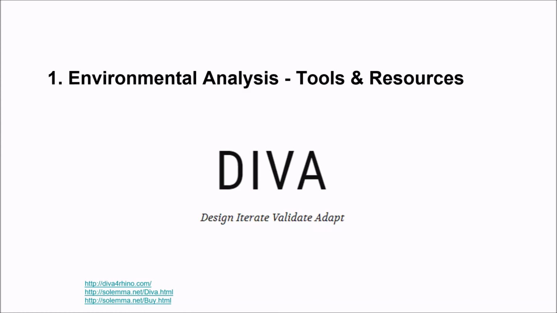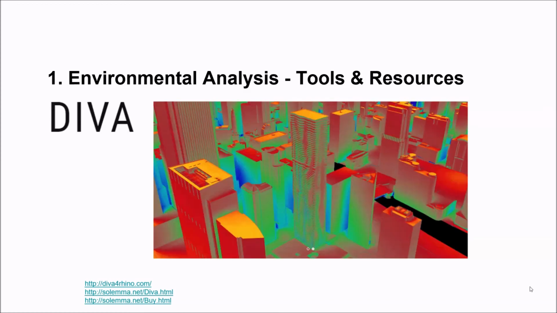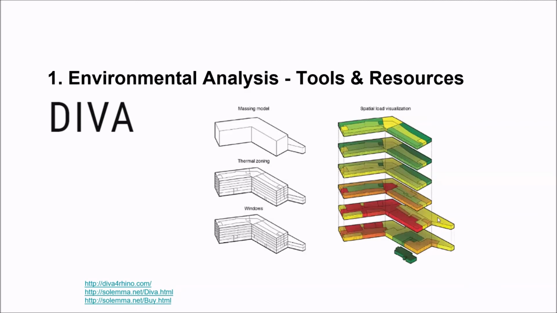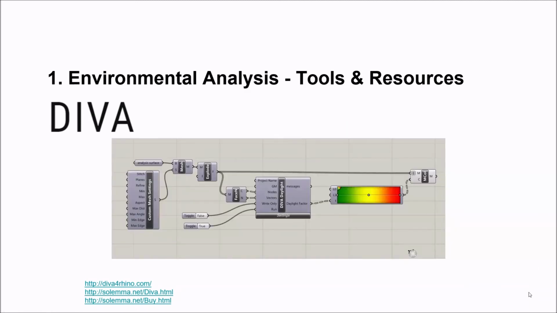DIVA for Rhino allows users to carry out a series of environmental performance evaluations of individual buildings and urban landscapes. This includes radiation maps and photorealistic renderings, annual and individual time-step glare analysis, LEED and CHPS daylighting compliance, sun-path diagrams and shadows, thermal zone energy and load calculations, and daylight simulations.